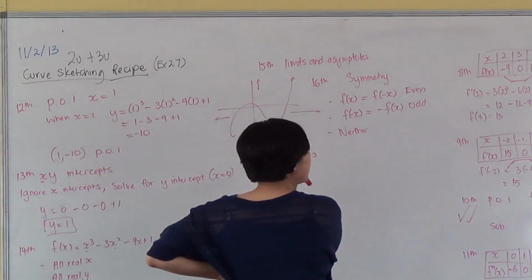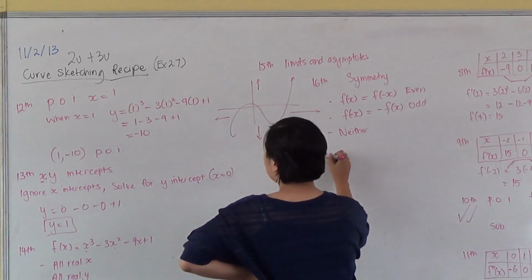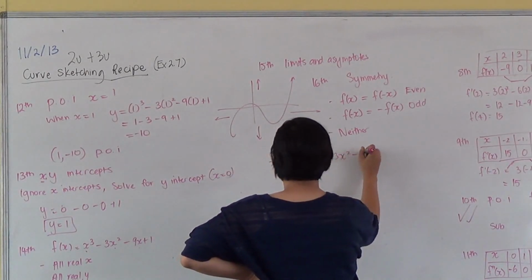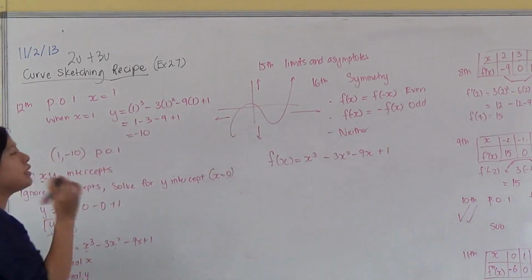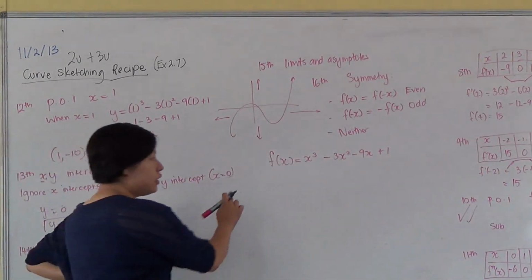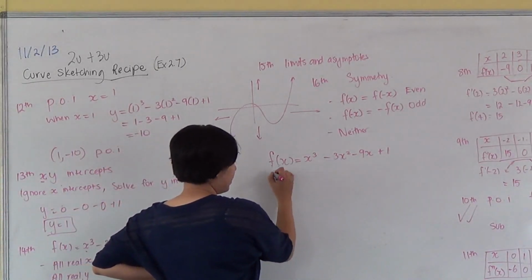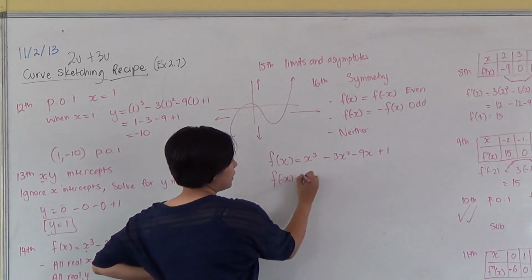So our own graph is x cubed minus 3x squared minus 9x plus 1. This is just the function as is. Let's substitute the negative of x in.